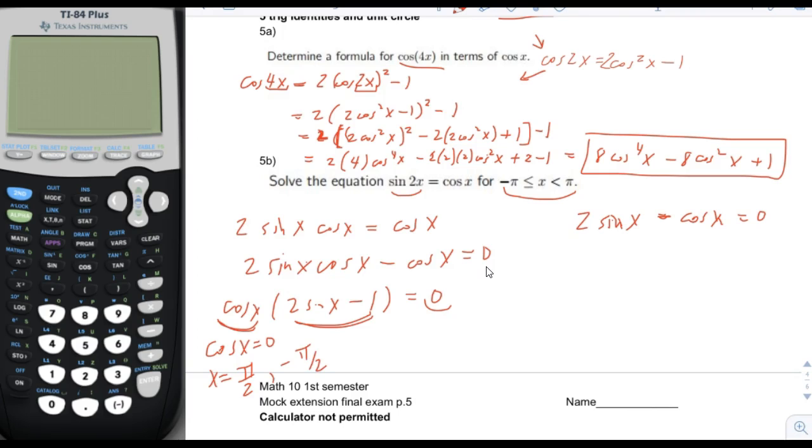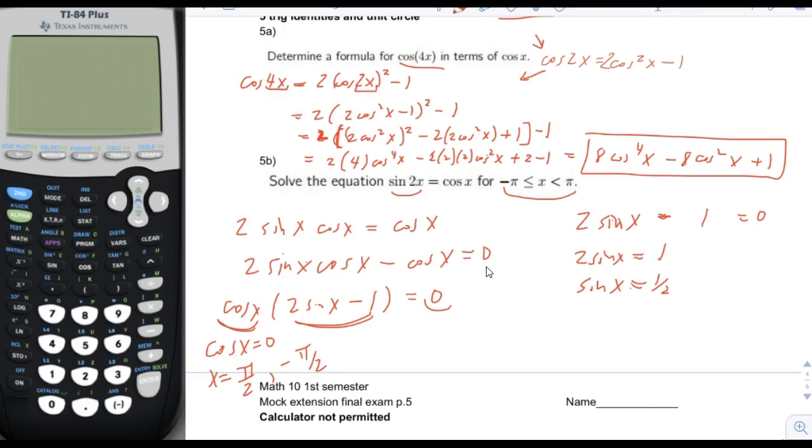Okay? What about 2 sine x minus 1 equals 0? When does that equal 0? So we're going to add 1 to both sides. We're going to get 2 sine x is equal to 1. Then we're going to divide both sides by 2. We get sine of x equals 1/2. When is the y-coordinate of the unit circle equal to 1/2?